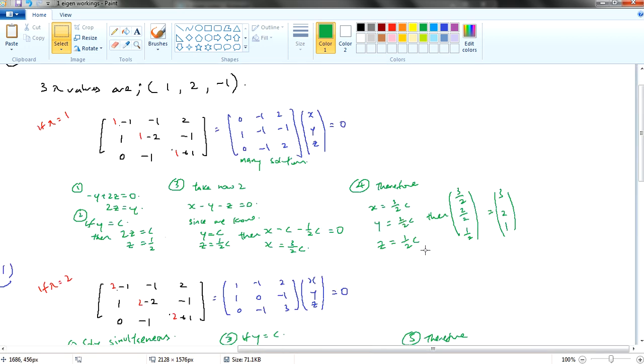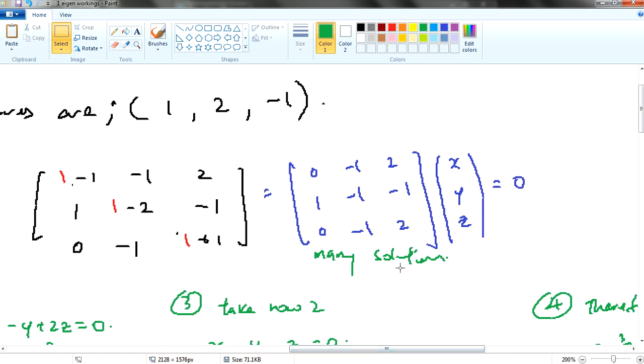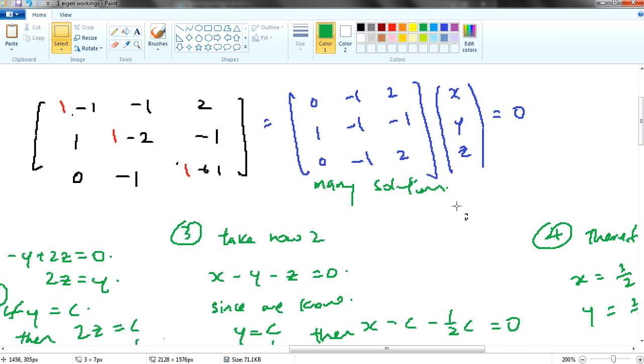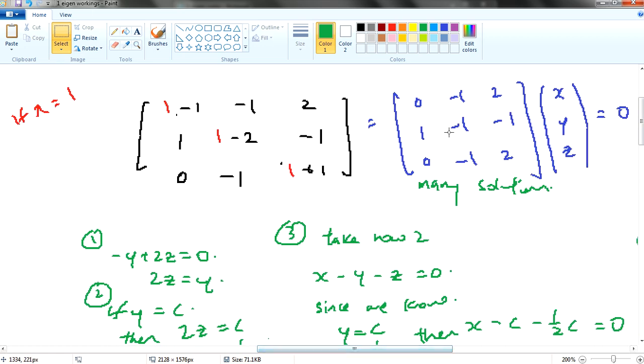Now in many situations we are dealing with a lot of unknown solutions. So let's say you can see that these and these are the same. So this would infer that there are many solutions.